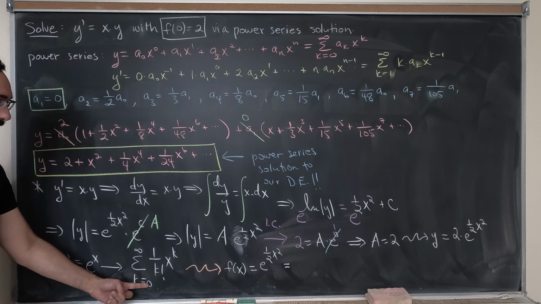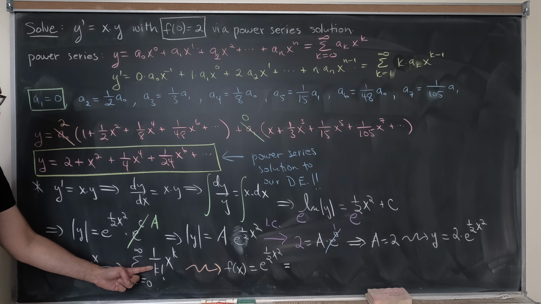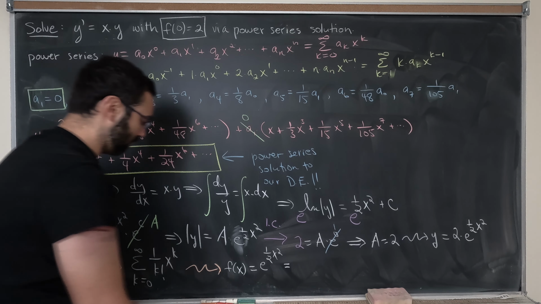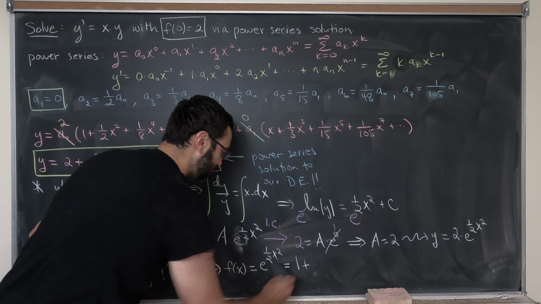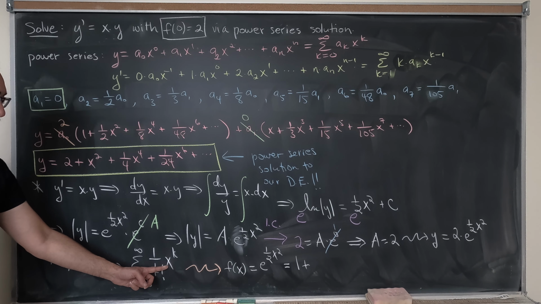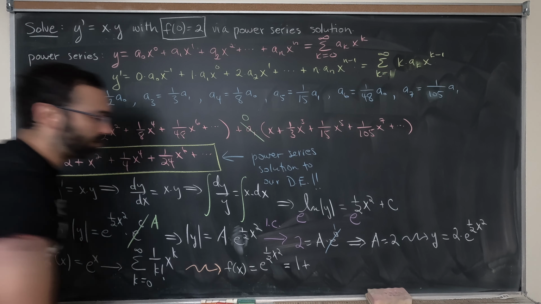When k is 0, 1 over 0 factorial is 1 over 1 or 1 times x to the 0, which is just 1. Plus, when k is 1, we get 1 over 1 factorial, which is 1, times half x squared to the power 1.